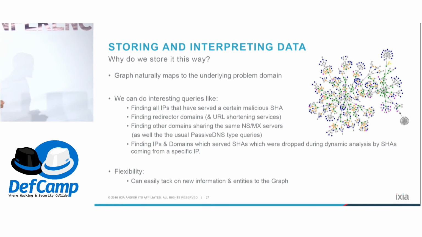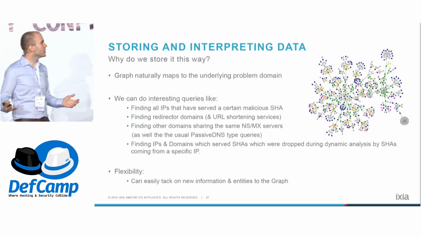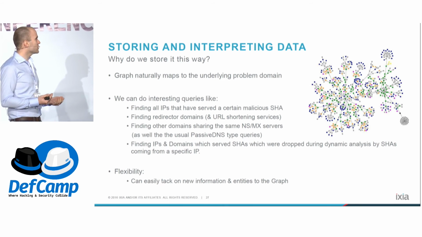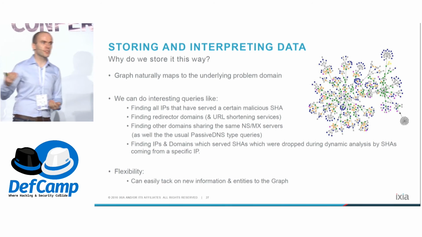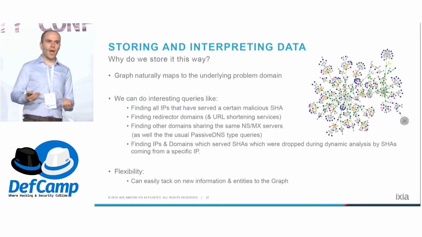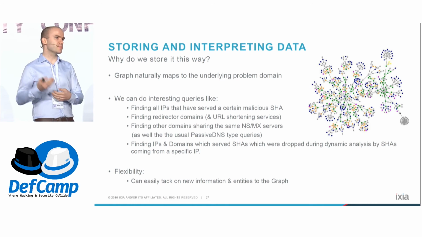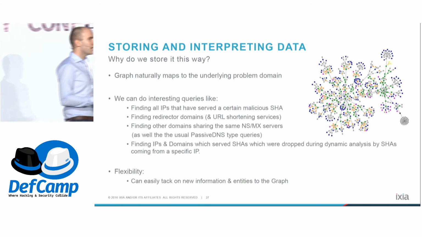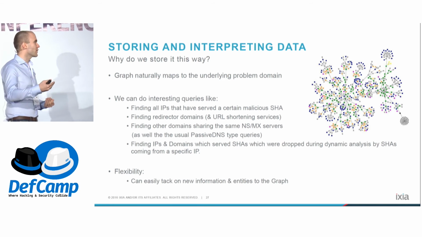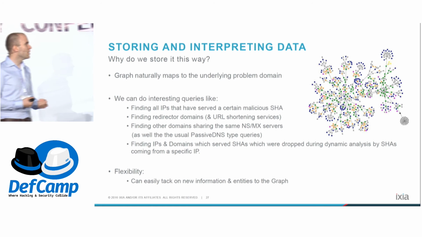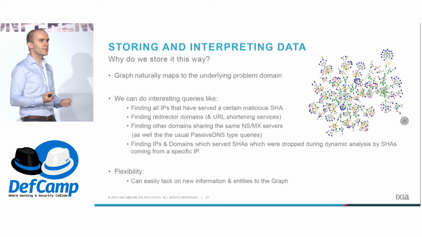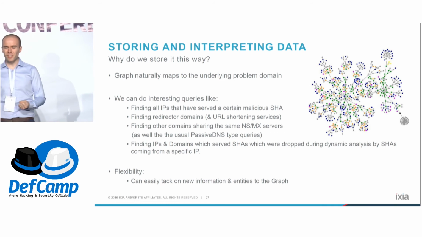This lets us do a lot of interesting queries, like, for example, finding all IPs that serve a specific SHA. If I have a SHA in mind which has a specific detection, like a known malware, then I can find all of the IPs that are serving it in our database. Another query is, of course, finding redirected domains, and for that matter, URL shortening services.